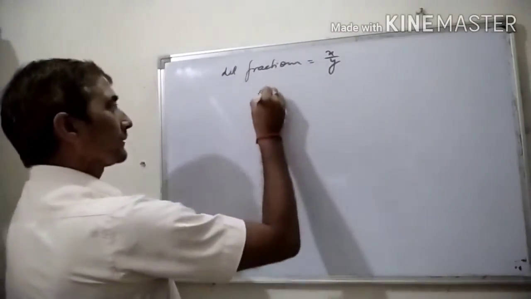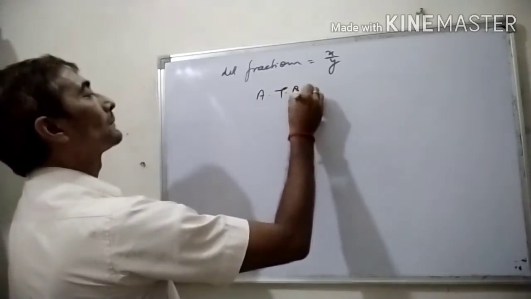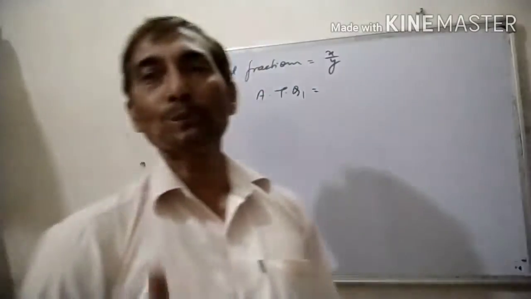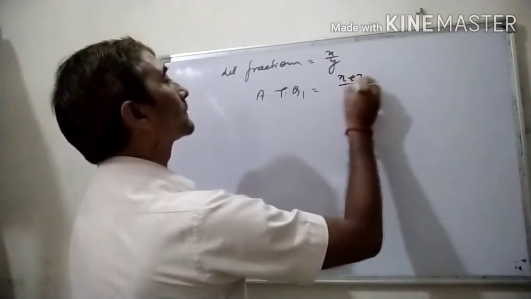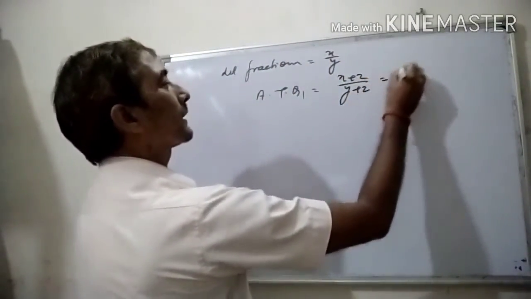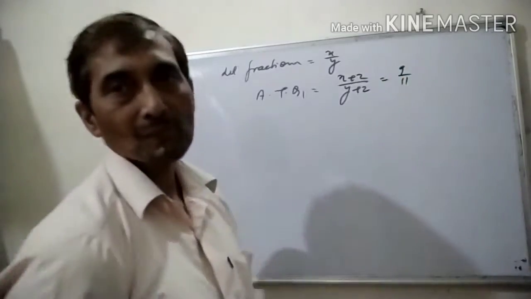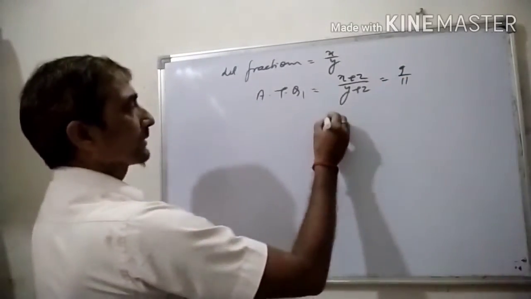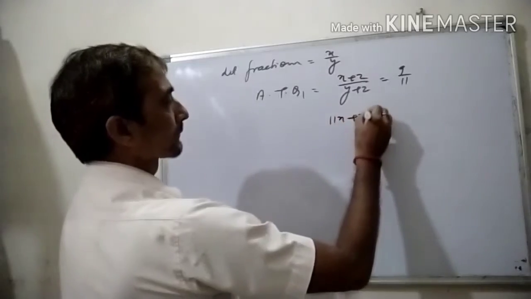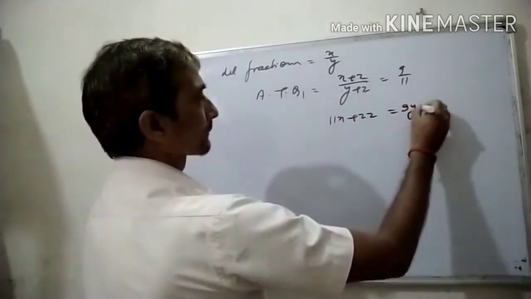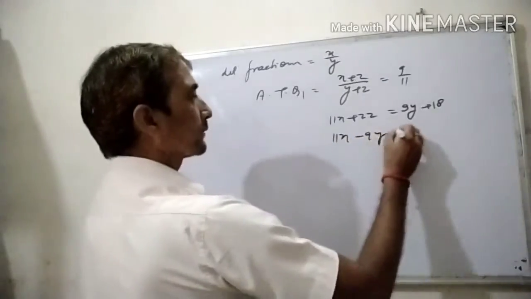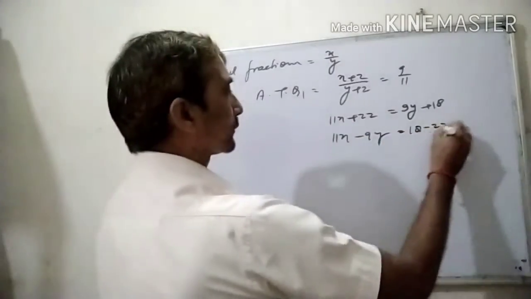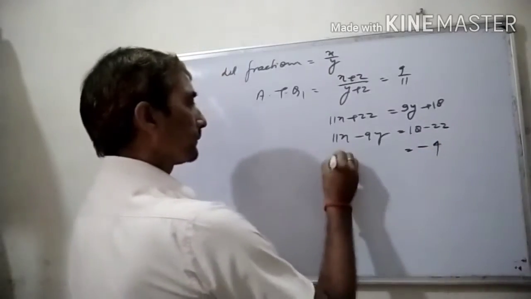Therefore, according to question 1, when 2 is added to both numerator and denominator, it becomes 9 by 11. Cross multiply, 9y is equal to 18 minus 22, that is minus 4.